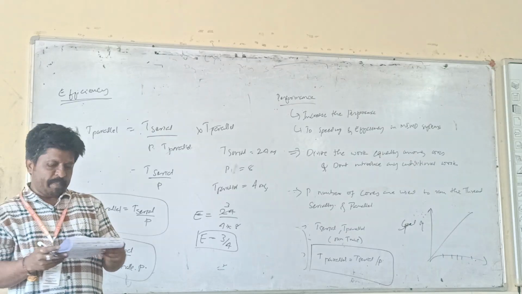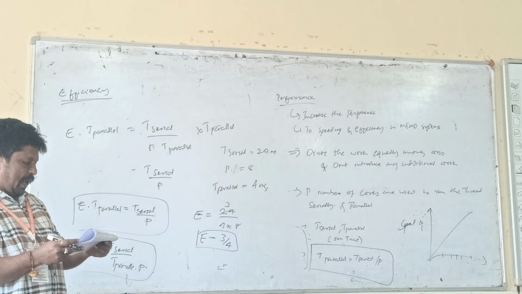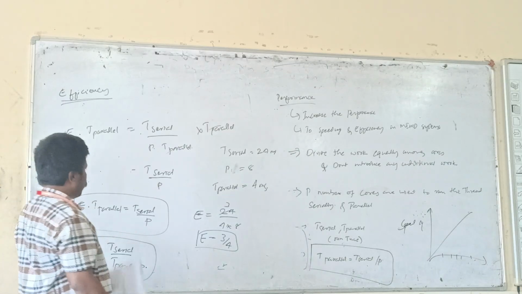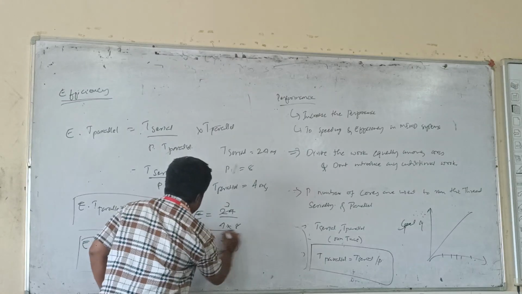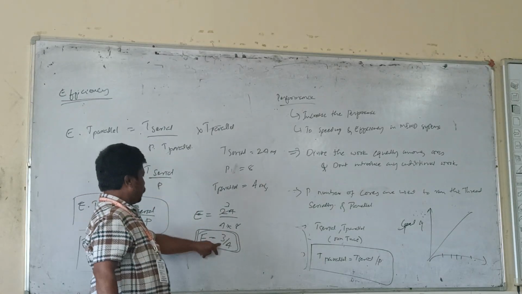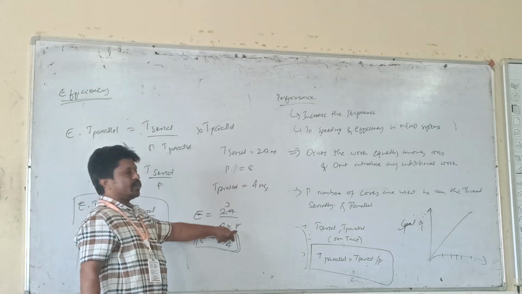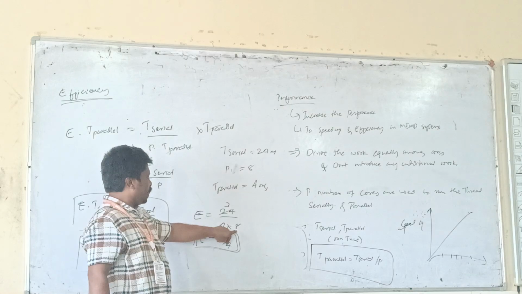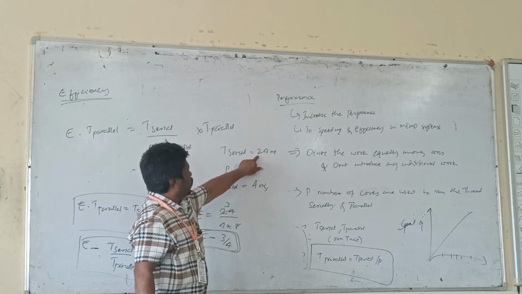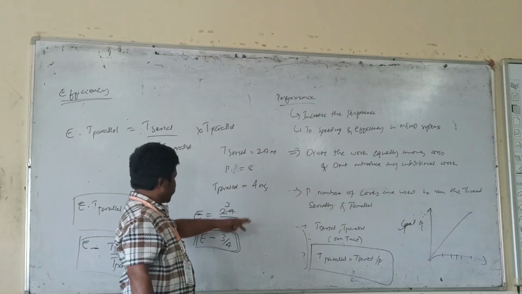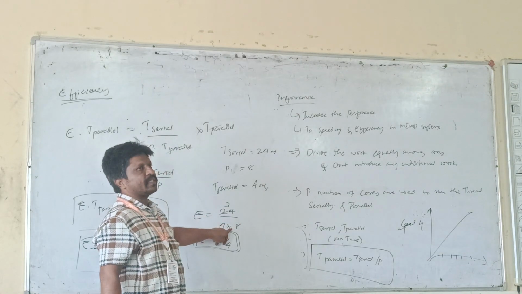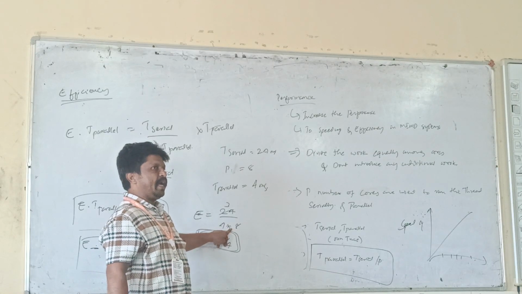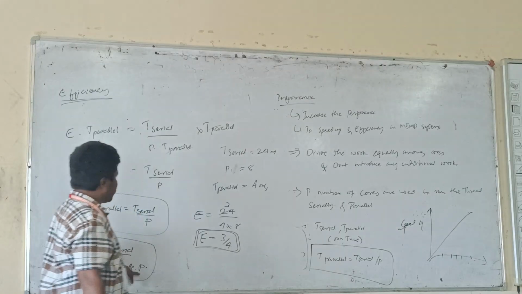So E equals 3 by 4. If I have 8 cores, T serial equals 24 milliseconds, and T parallel is 4 milliseconds, converting the serial to parallel with the help of 8 cores, here I am taking P as 8.